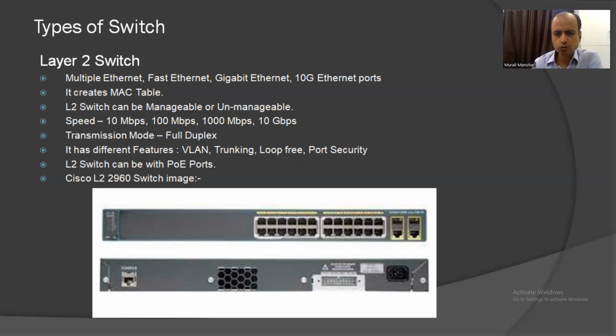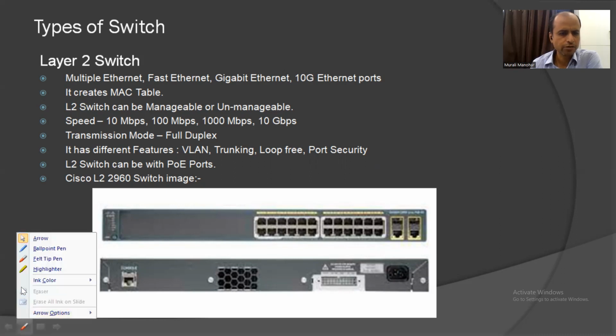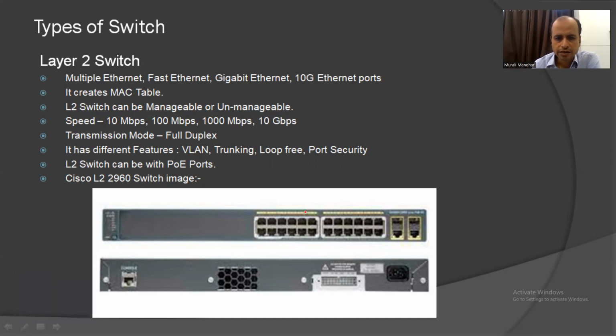But in this switch, 2 are gigabit Ethernet ports and 2 are fiber ports. Fine. I'm going to annotate the picture. These are fast Ethernet ports. These are also fast Ethernet ports. These 2 are gigabit Ethernet ports, and these 2 are fiber. Fine.